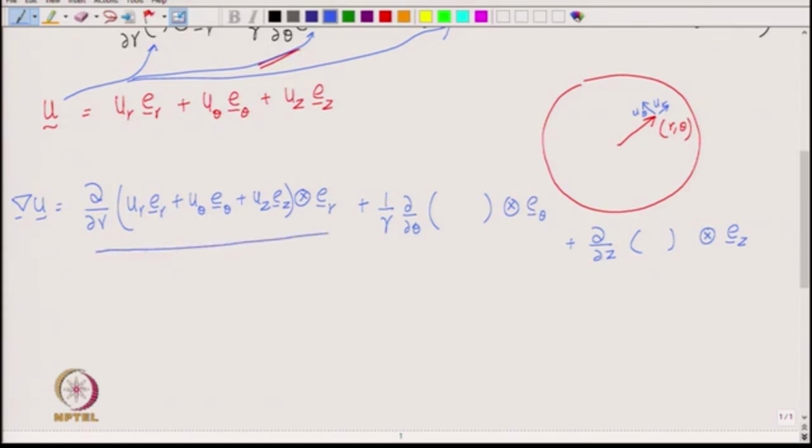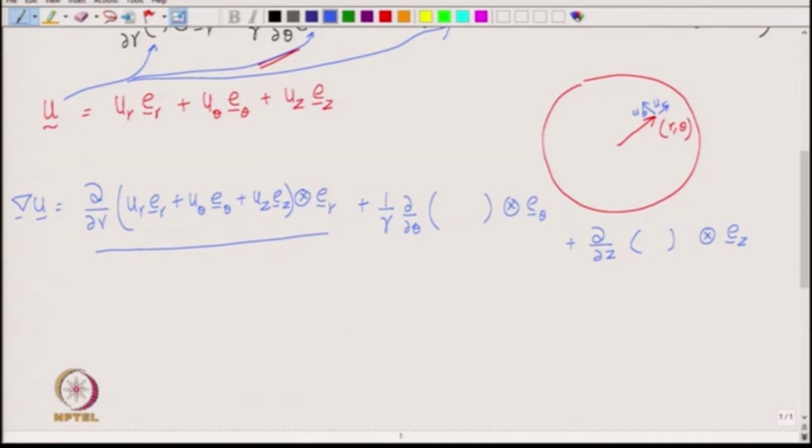See that the basis E r, E theta, E z, they do not change when we change the radial coordinate, is not it? You can recall that E r and E theta change only if the theta coordinate changes. So, when we do the derivative, E r, E theta, E z will act like a constant and then we only take the derivative of the components.